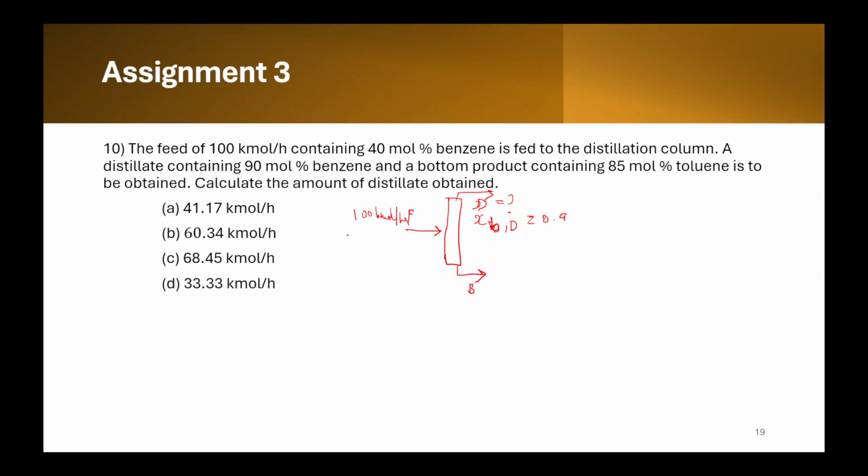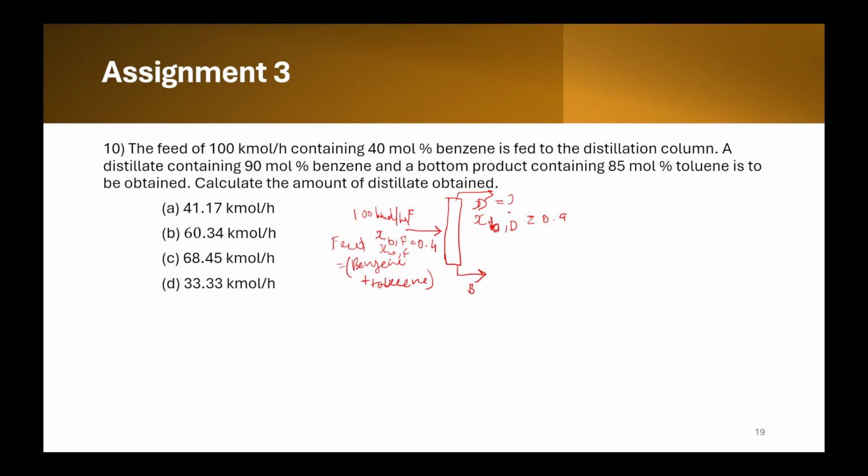Now this feed has a mixture of benzene plus toluene in it. Some portion of benzene will be there, some portion of toluene will be there. So XBF and XTF. XBF, from the question, we can write as 0.4.